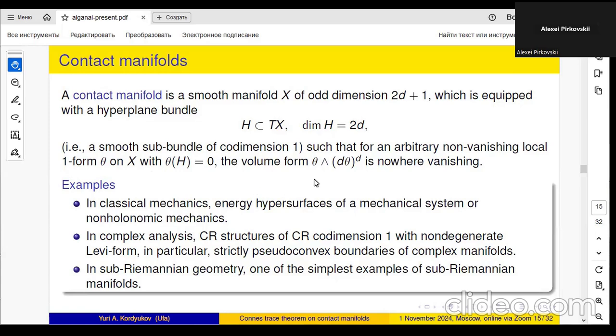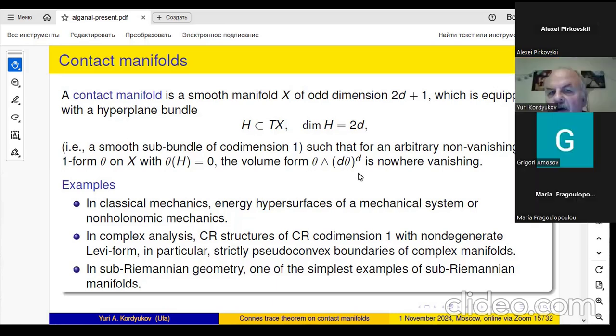So theta is a one-form. I take d theta, which is going to be a two-form, and I take such an exterior product: the one-form theta and the two-form d theta, d times.